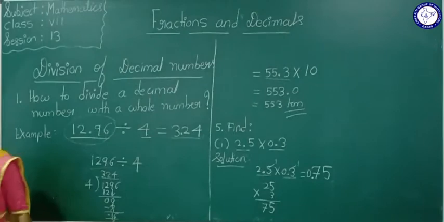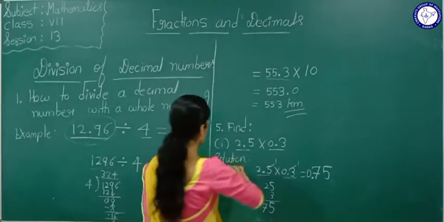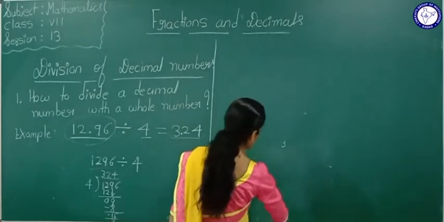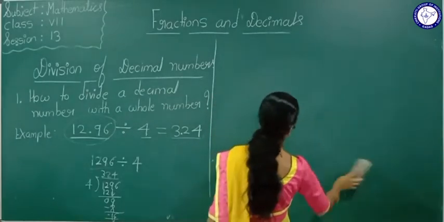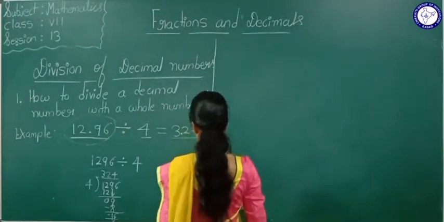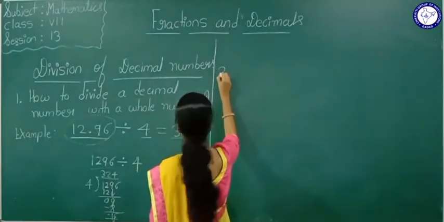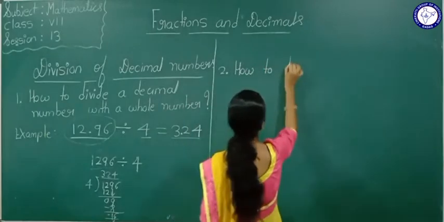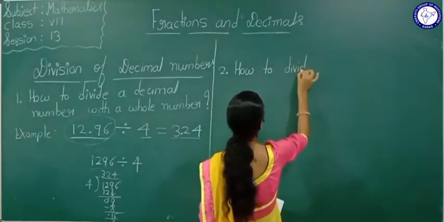So now we will see some observations, that is how to divide decimal numbers by 10, 100 and 1000.